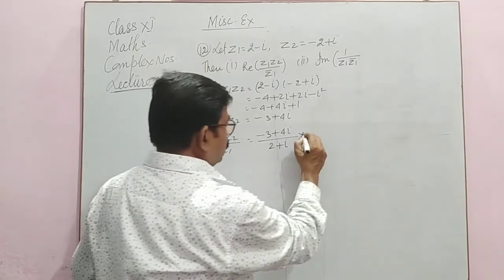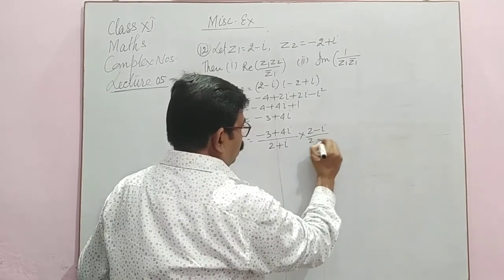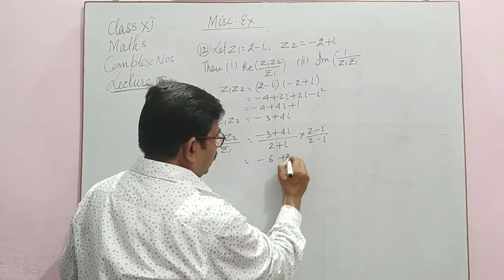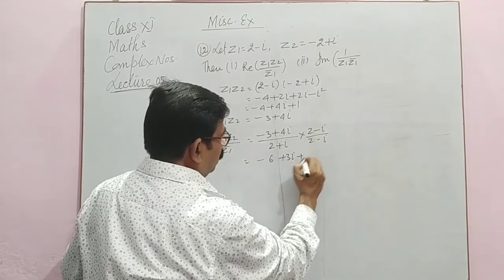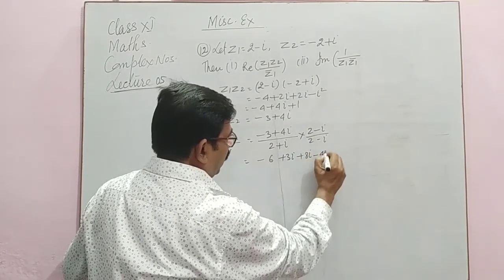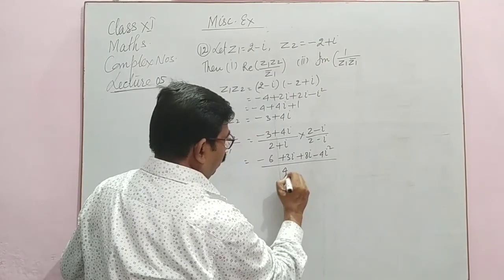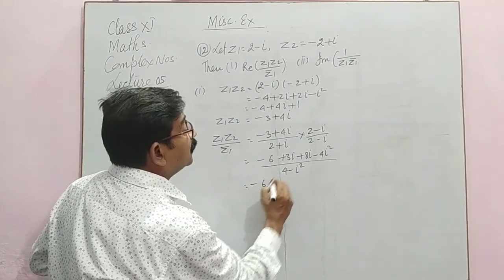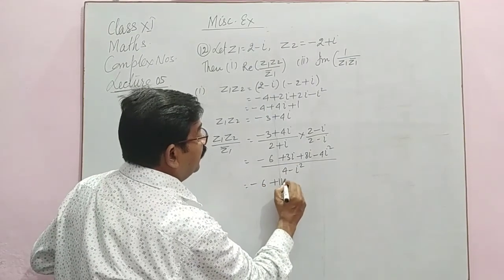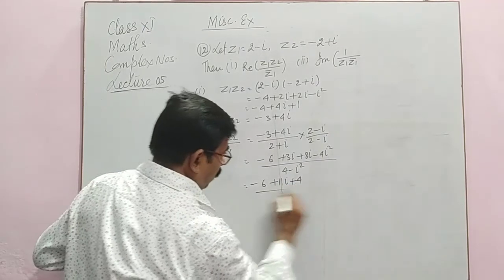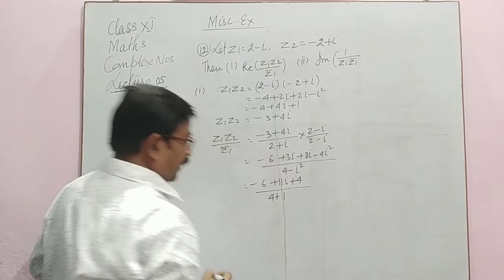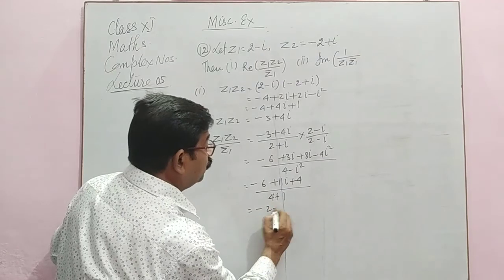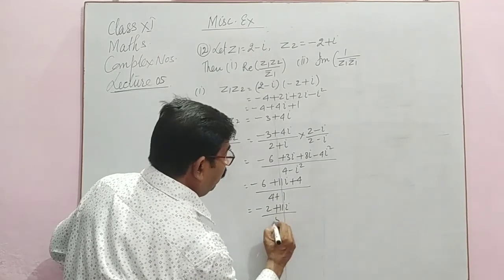So multiply by its conjugate, (2 − i) divided by (2 − i). Numerator: −6, +3i, +8i, −4i², which gives −6 + 11i + 4, upon 4 minus i², which is 4 + 1 = 5, because minus i² becomes plus. So we have (−2 + 11i) upon 5.